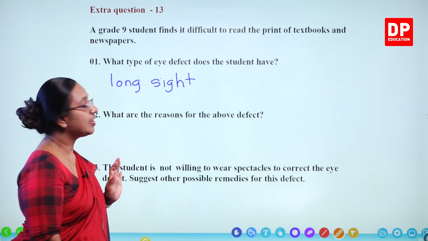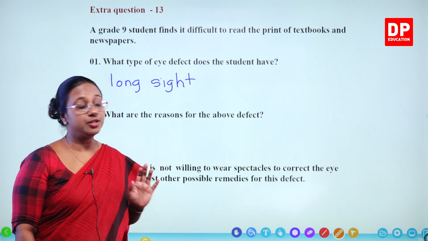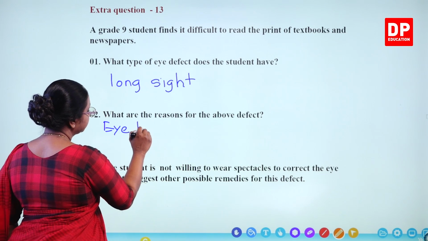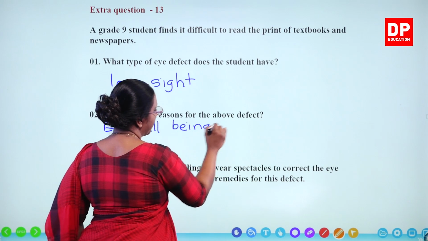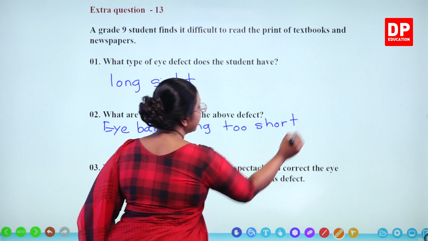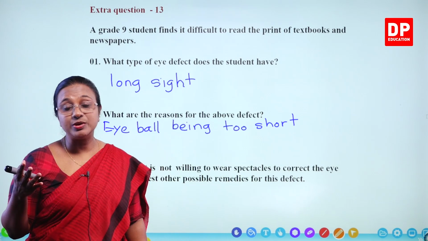What are the reasons for the above defect? One is that the eyeball is too short. So that is one reason. Eyeball being too short. What is the other reason? If you want to see close objects clearly, the curvature has to increase.